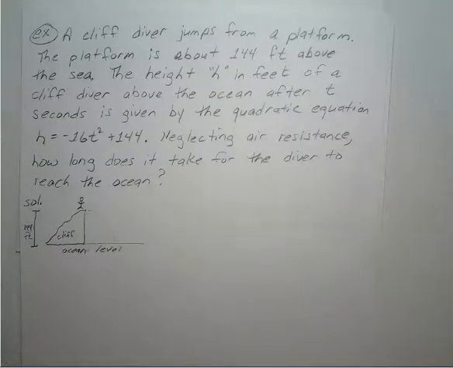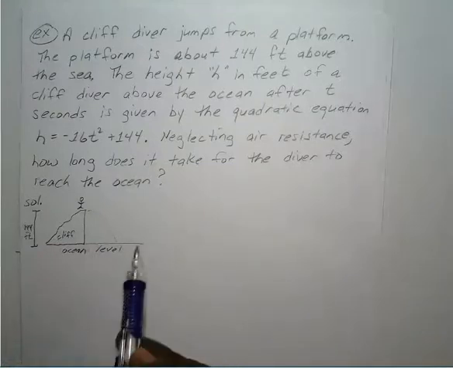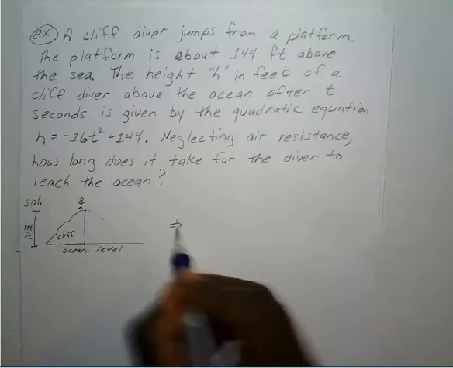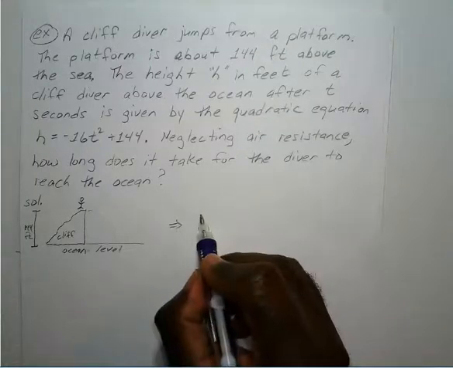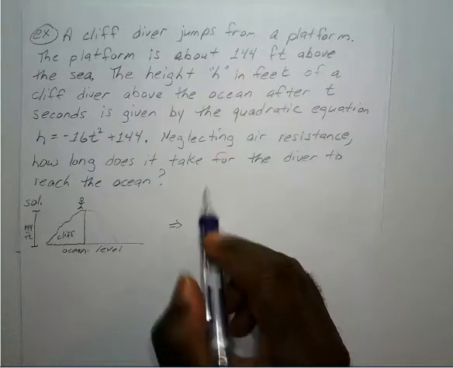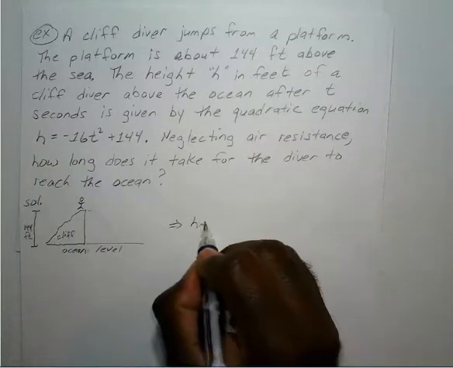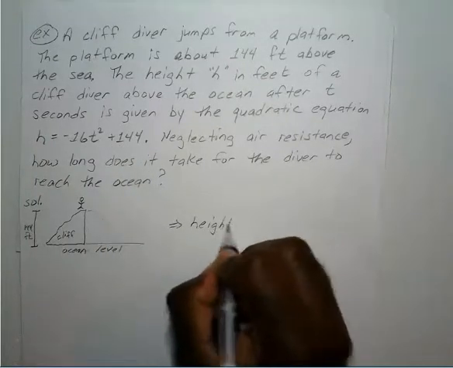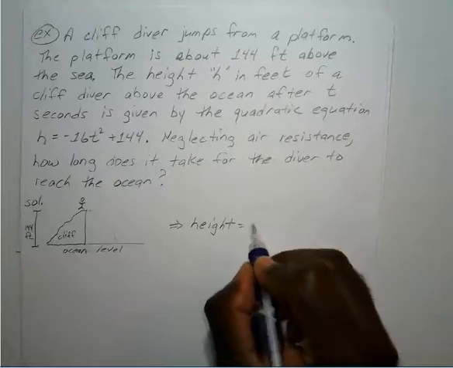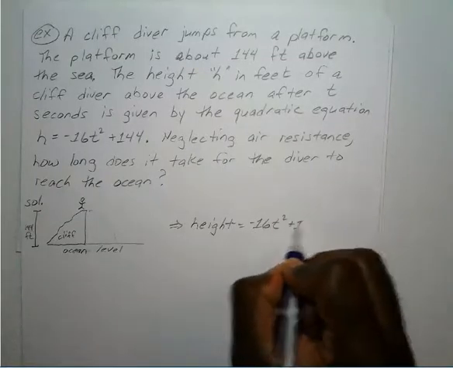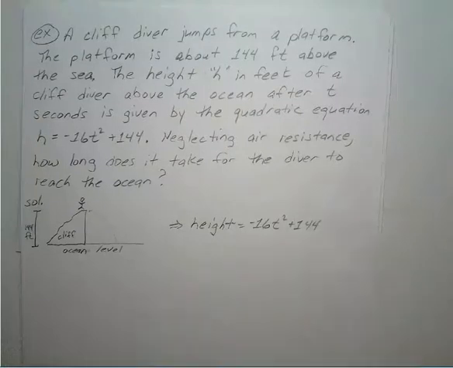So first thing we want to do is figure out that our equation is h is equal to negative 16t squared plus 144. So we know h is height, so we'll just write it out. Height is equal to negative 16t squared plus 144.